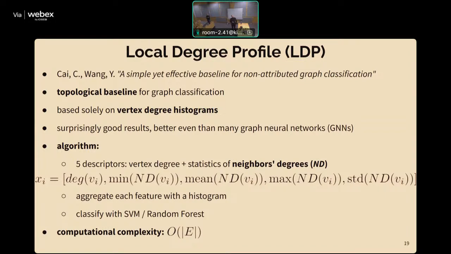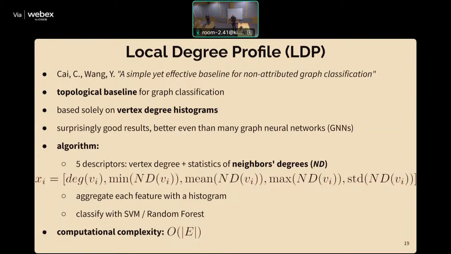So this works like this: you compute those 5 features for each node, right? So you have 5 columns and as many rows in a matrix as there are nodes in the graph, right? So for each of the columns, you take the set of values of the same length as the number of nodes, and you calculate the histogram of those values.